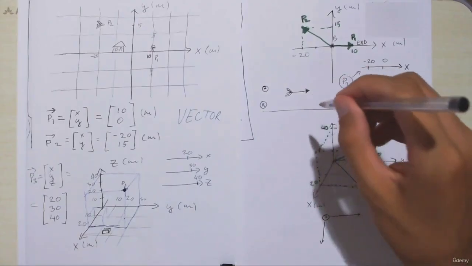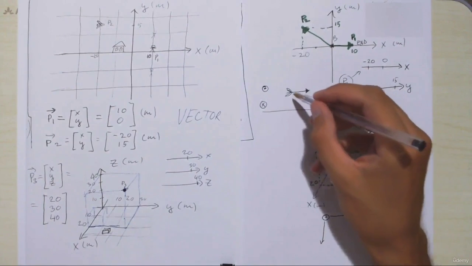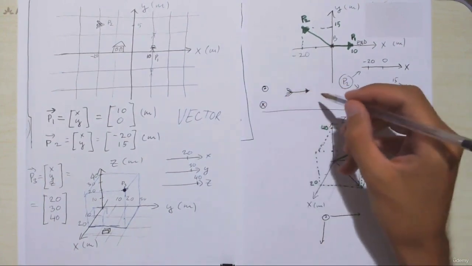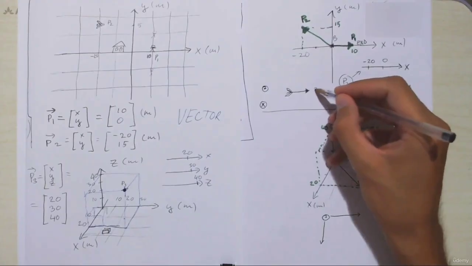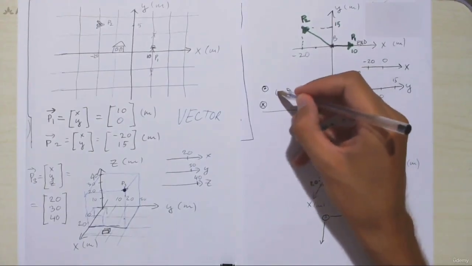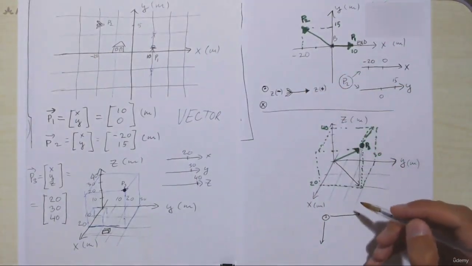But if the arrow points down, into the plane, then you would see the wings here. You would see like a cross, right? So this would be the positive z direction, and this would be the negative z direction. So that would be the convention.